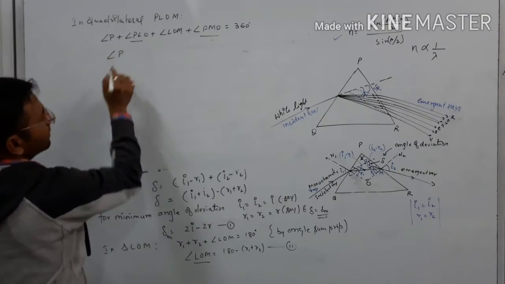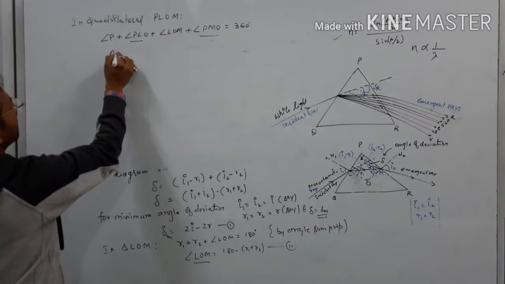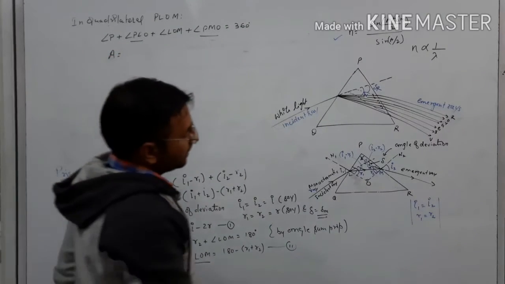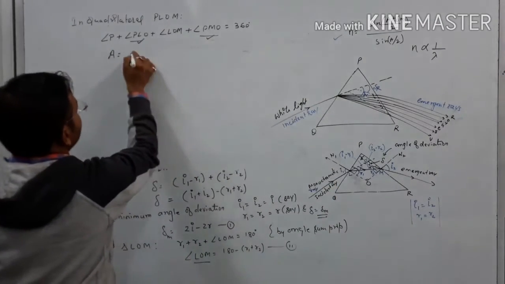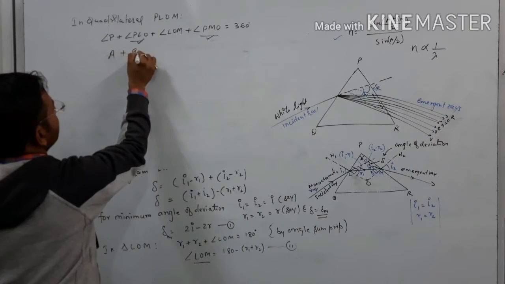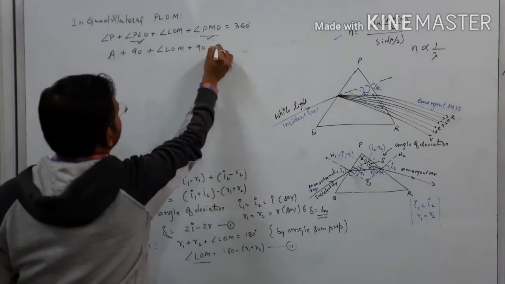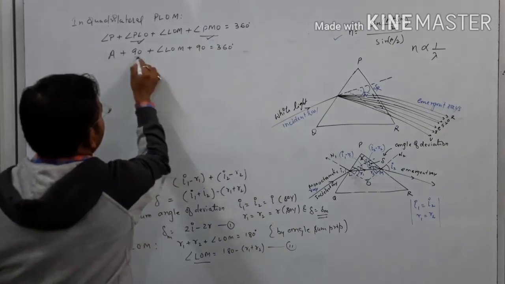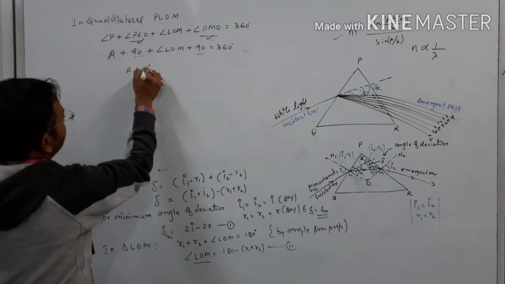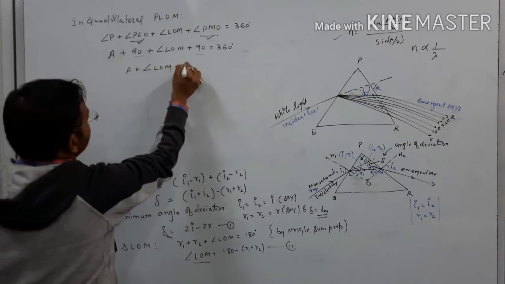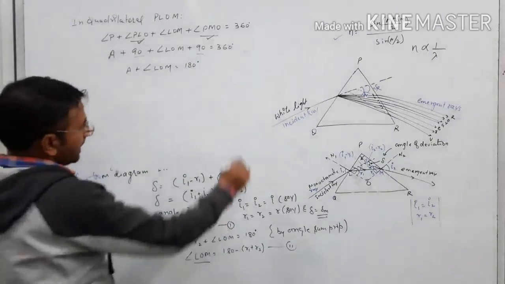So here angle P is our prism angle A, and the sum of PLO and PMO is 90 degrees, plus LOM, plus again 90 degrees, equal to 360 degrees. 90 and 90 is 180, 180 will go to that side, and we will get angle A plus angle LOM equals 180 degrees.